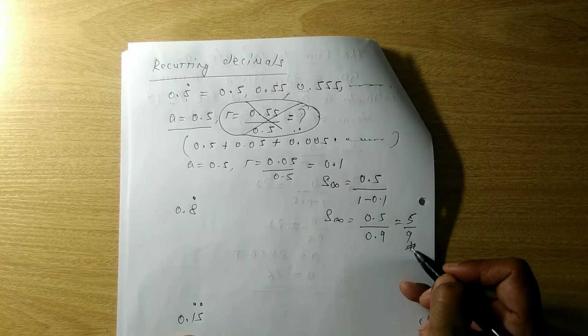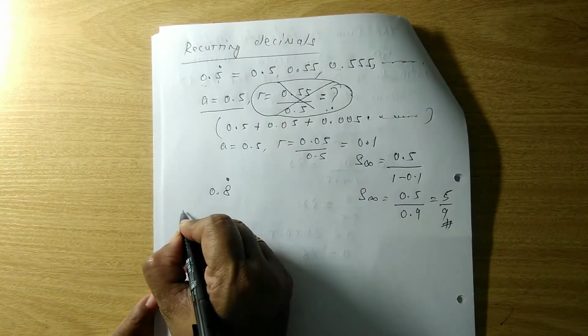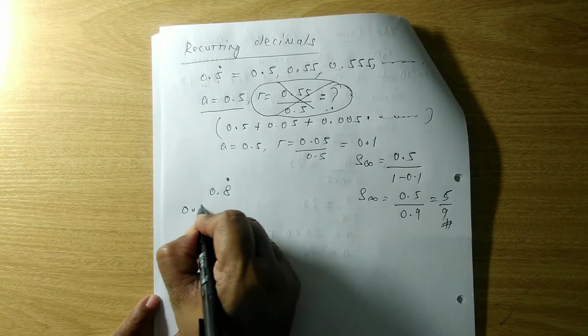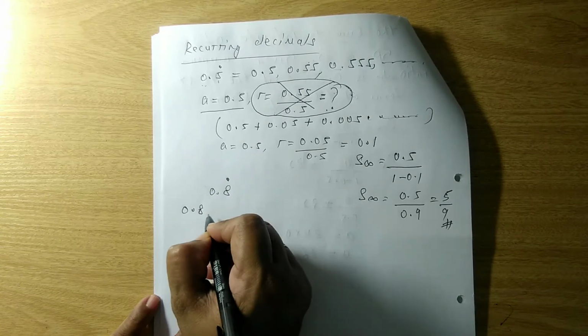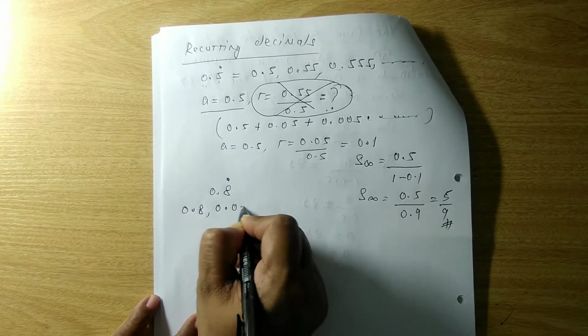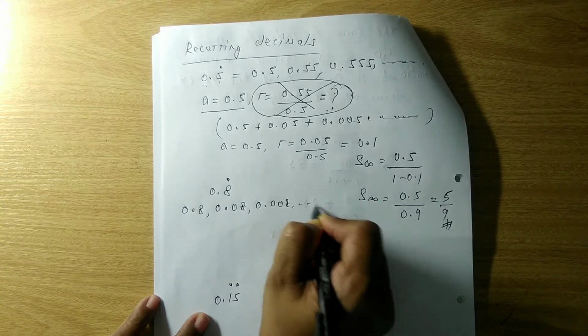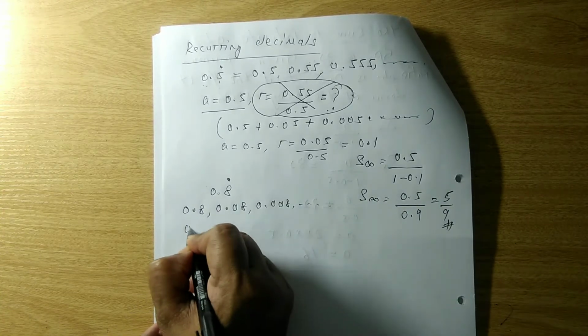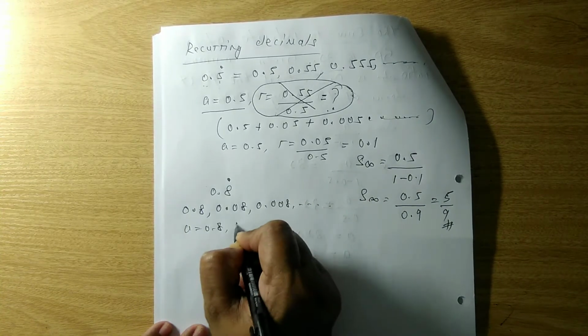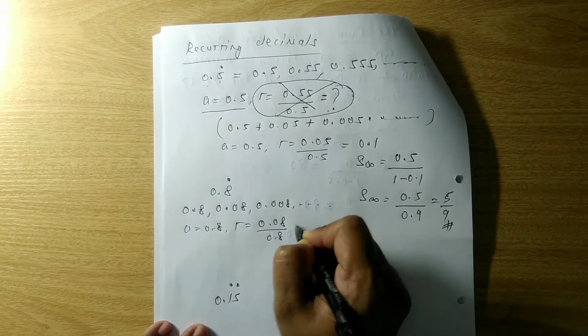Alright. Okay, we try for this one now, for this question. So my first is 0.8. So this 8 is your recurring. My second one is 0.08. Third one is 0.008 and so on. Okay, so my A is 0.8. My R will be 0.08 over 0.8.